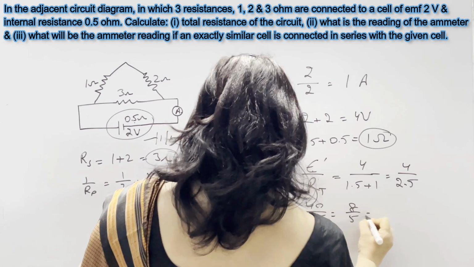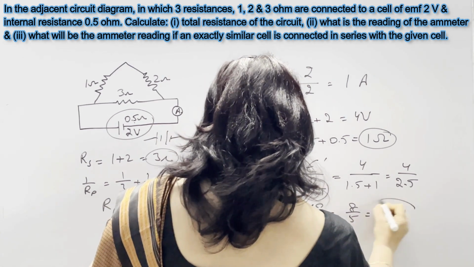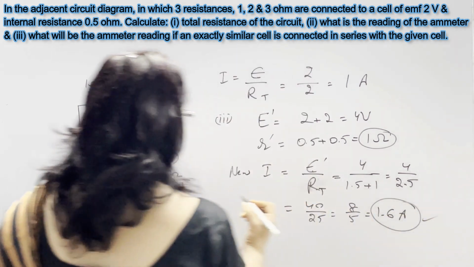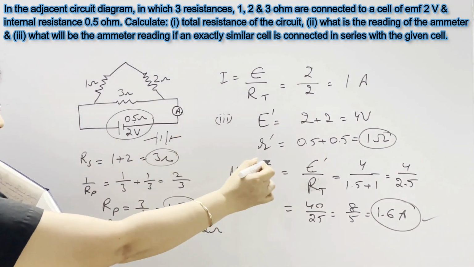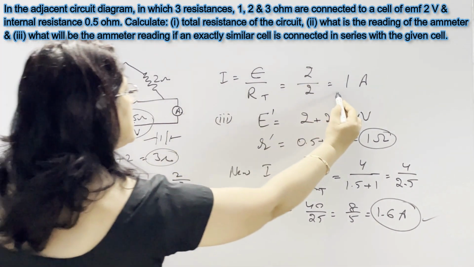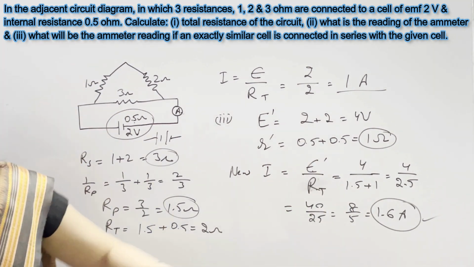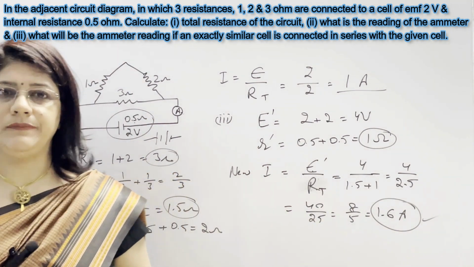So 8 upon 5, which is 1.6 ampere, is the new value of the ammeter. Although the initial reading of the ammeter is 1 ampere, the new reading is 1.6 ampere.